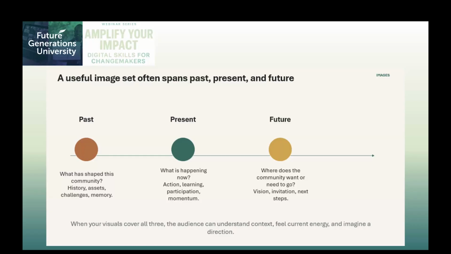And so some of the ways that we have been able to depict the future is showing what we would like to see happen. And so we have been able to show images of partners that we would like to work with.